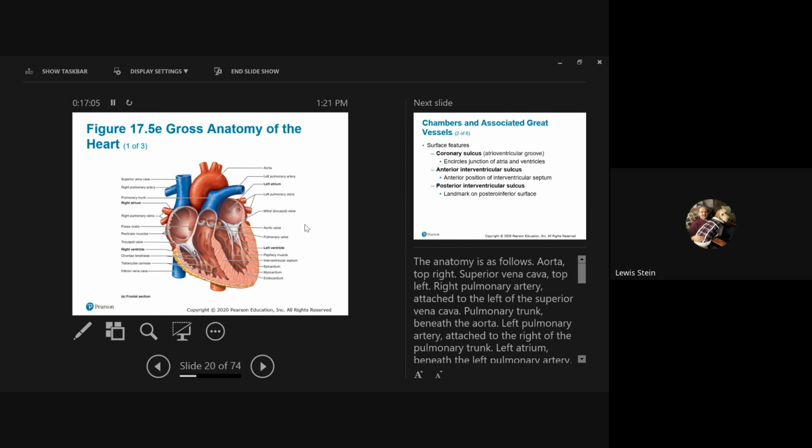And then when we get to the valves that are here, each of these valves has 3 leaflets. They look a little bit like half or quarter moons, so they're called semilunar valves. And so this one, because it's pulmonary, is the pulmonic semilunar or pulmonic valve.